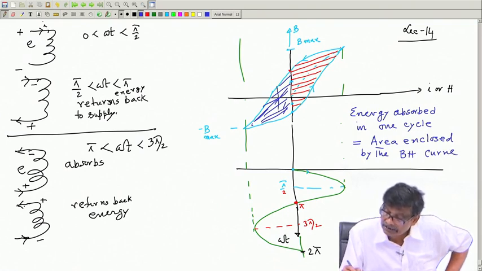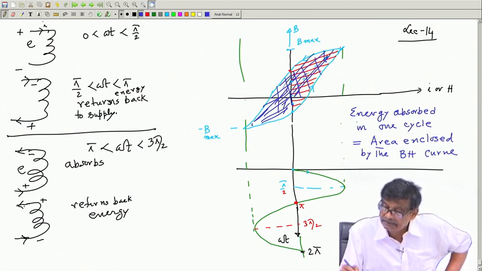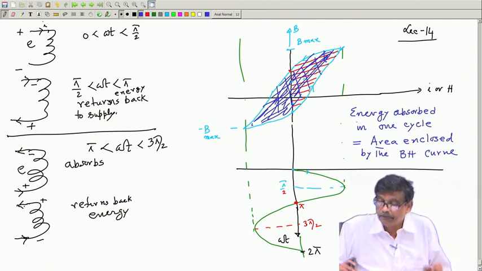Therefore, this whole area will represent how much energy this magnetic material has absorbed.